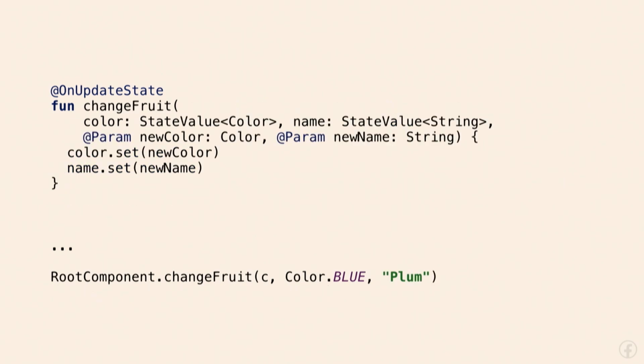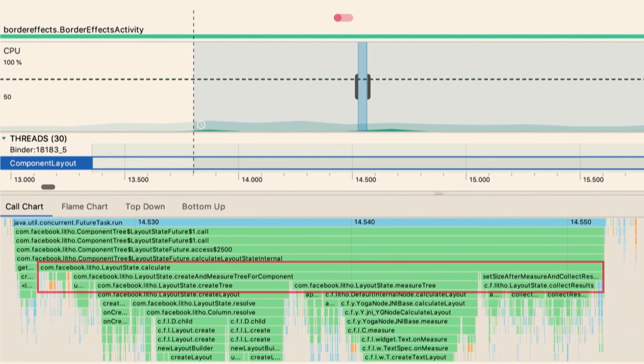So if you know that quite often you will be updating several states at the same time, you will just put them as several parameters in one state update method. So for example, here we take color and name and update them at the same time, and then call this changeFruit method. That will result in something like this, and this picture shows us clearly that we have only one state update, and only one tree recreation is triggered.